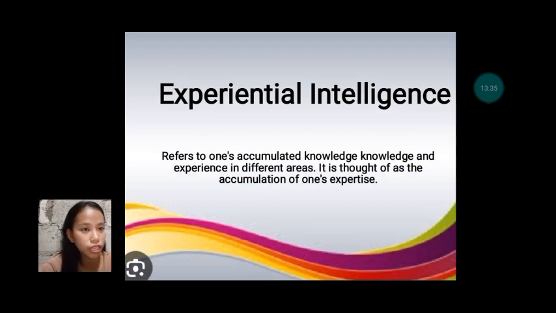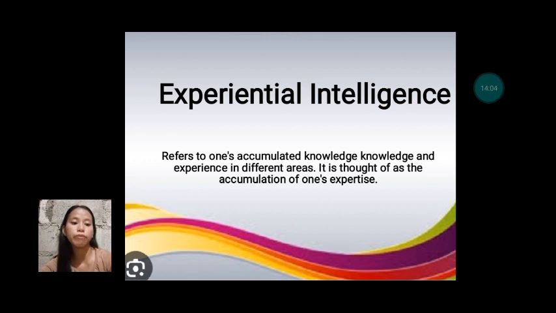The next one is experiential intelligence. It refers to one's accumulated knowledge and experiences in different areas. It is thought of as the accumulation of one's expertise. Because of this, the more we experience, the more we expand our experiential intelligence. It encompasses all of our experience as a whole.